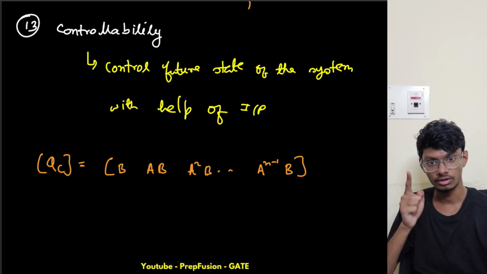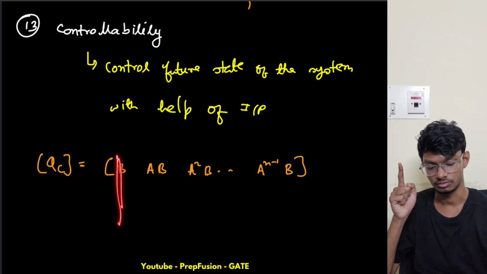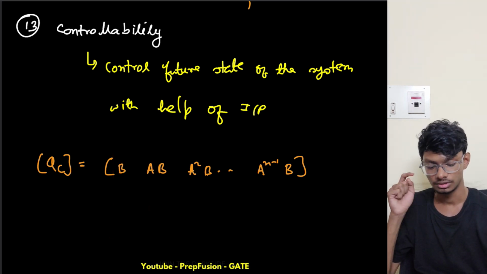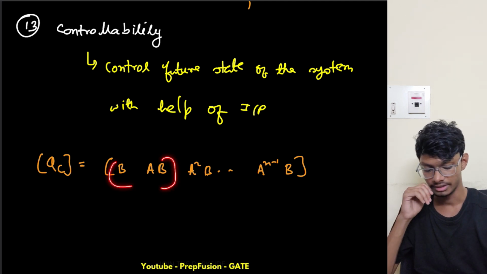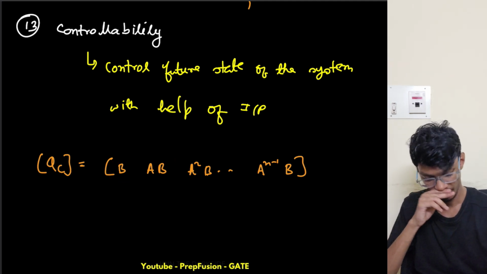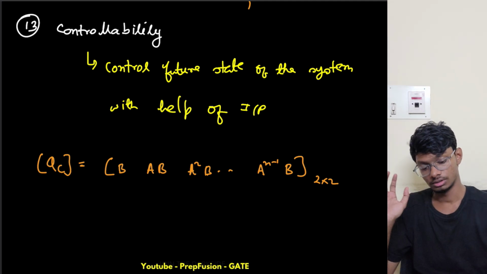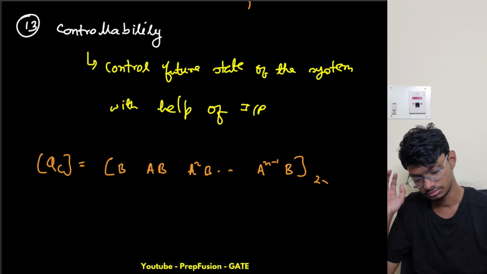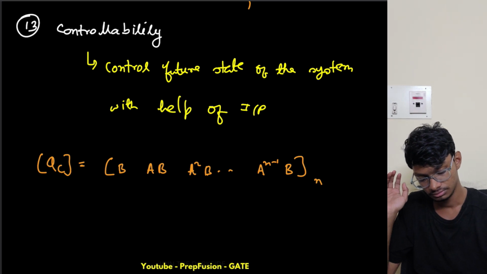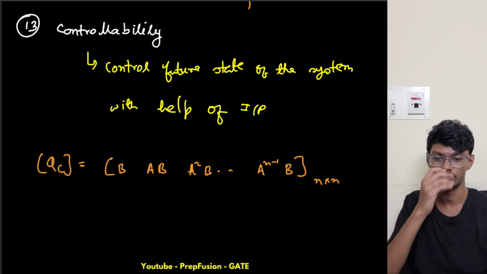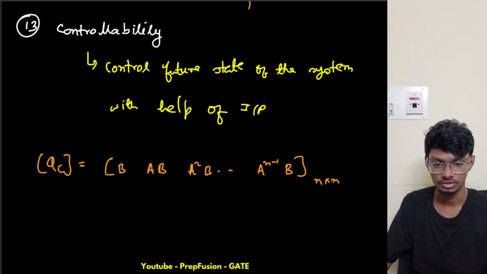So I have one column but n rows. This is a column vector, and this will go on until I get a square matrix. This will be my n cross n matrix because it is a combination of columns. Already we did that, just a bit of revision, okay?